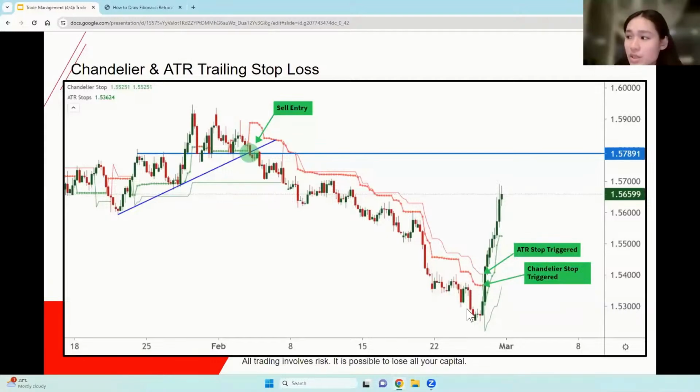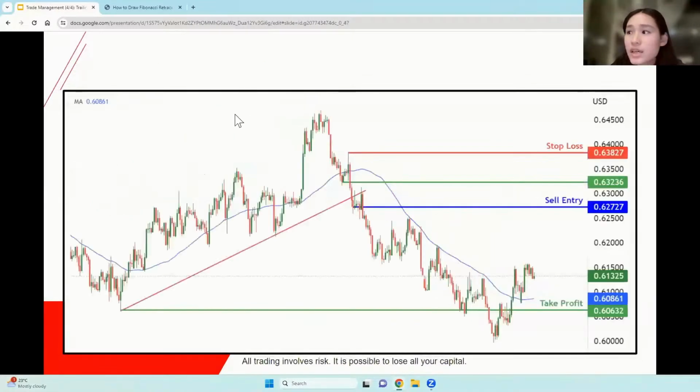Once price crosses over these indicators, our ATR stop is triggered, chandelier stop is triggered, and you get out of the trade. Pretty self-explanatory there. If we combine different indicators, obviously your trailing stop loss will be more effective.